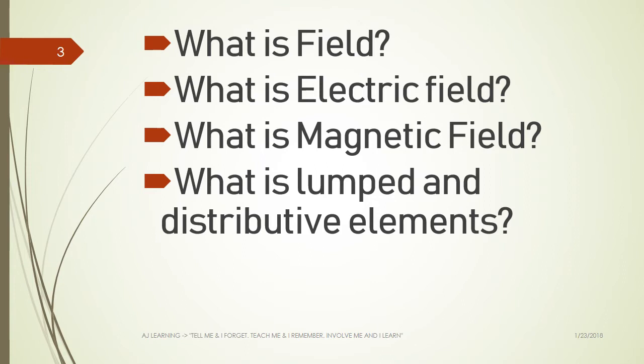Or in other words, they are concentrated at a single point. They are basically represented in terms of time, for example resistor, capacitor, inductor, which you have studied in circuit analysis. These are called lumped elements.